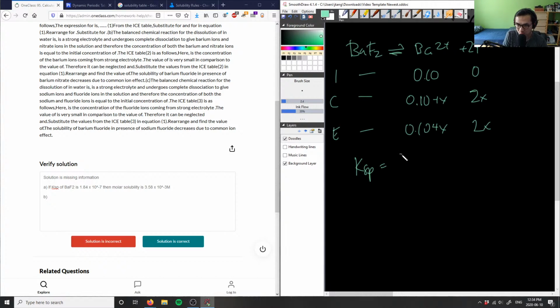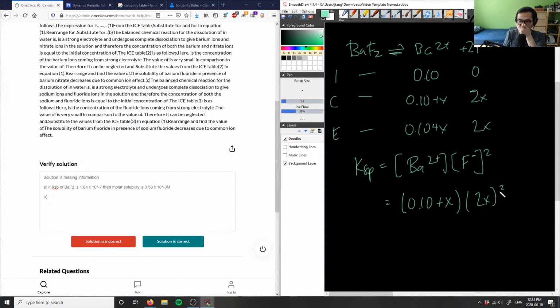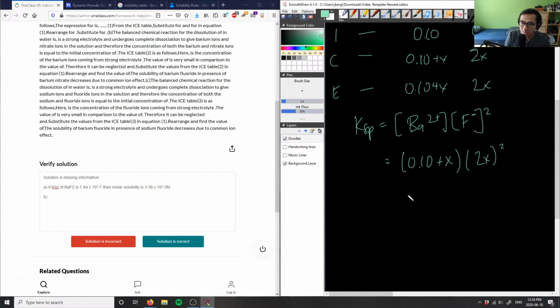So KSP is going to equal [Ba2+][F-] to the power of 2, right? And this here, now I have 0.10 plus x. And this one would be 2x squared. Which means that I have 4x squared multiplied by 0.10 plus x.